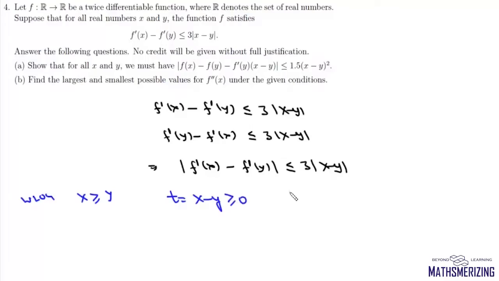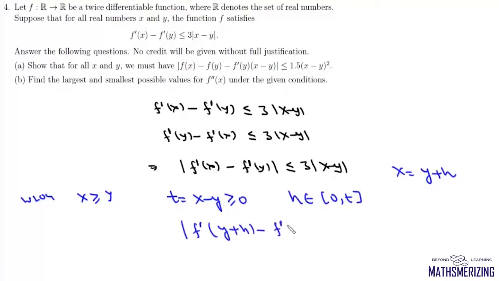Now if we choose some h which lies between 0 and t, and take x as y plus h, we can write this as mod of f'(y plus h) minus f'(y) is less than or equal to 3 times mod h. Now we will integrate both sides from 0 to t.